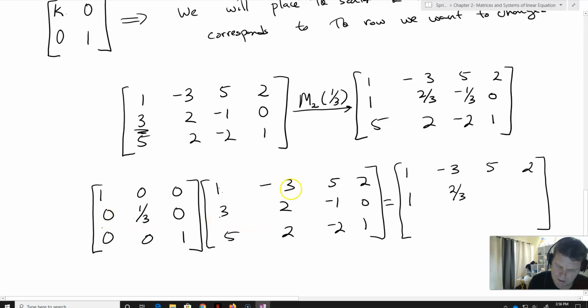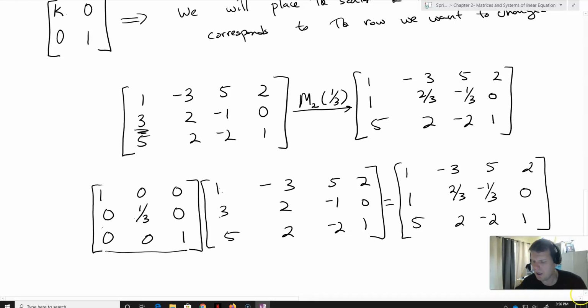Negative 1 times 1/3 is negative 1/3. And then 0 plus 0 plus 0, and that's 0. And the last row is not going to change at all, so that'll end up being 5, 2, negative 2, 1.